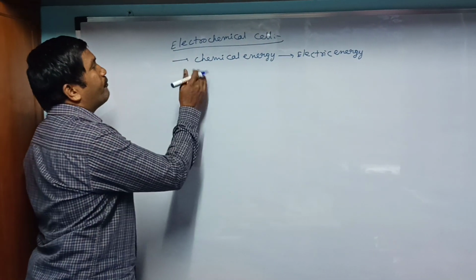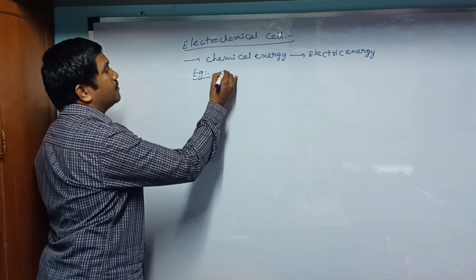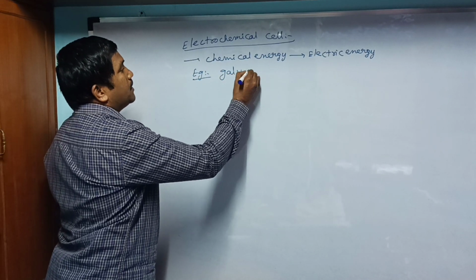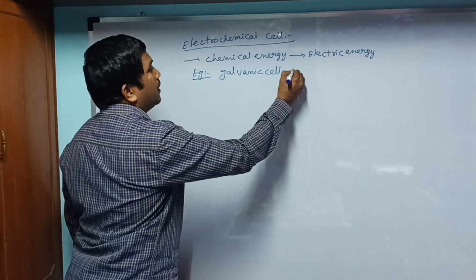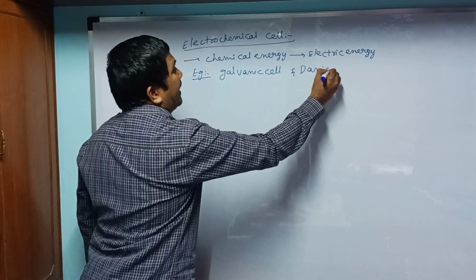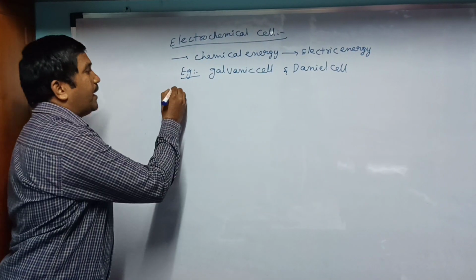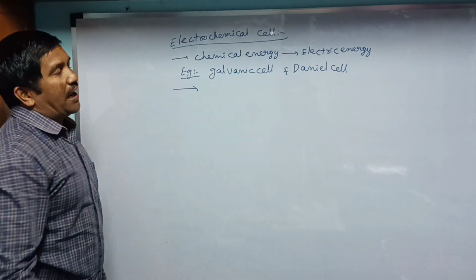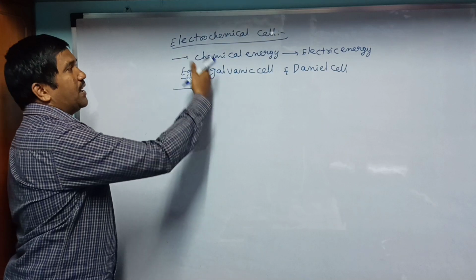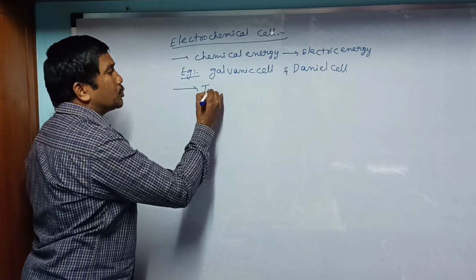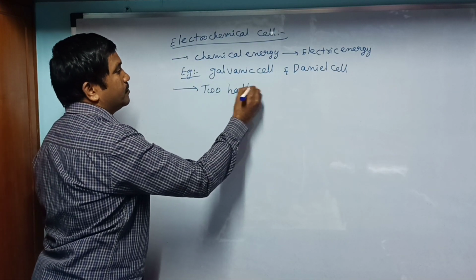The examples of electrochemical cells are galvanic cell and Daniell cell. In this galvanic cell or electrochemical cell, two half cells are present.